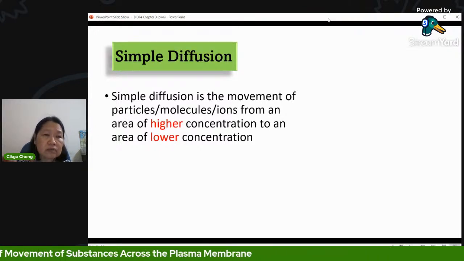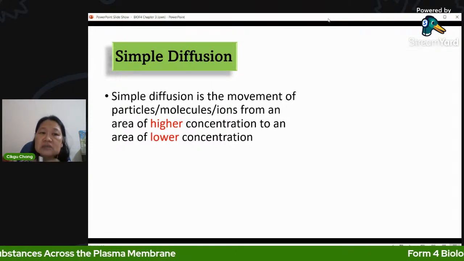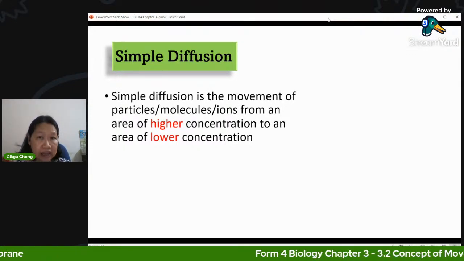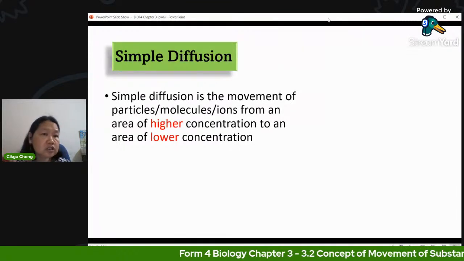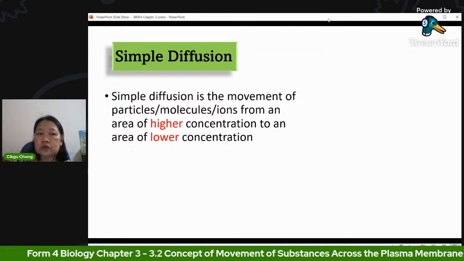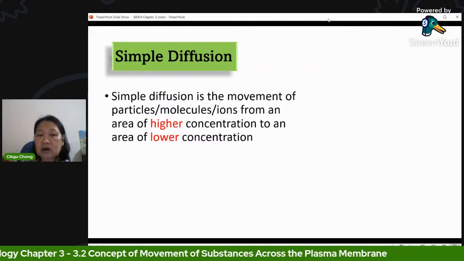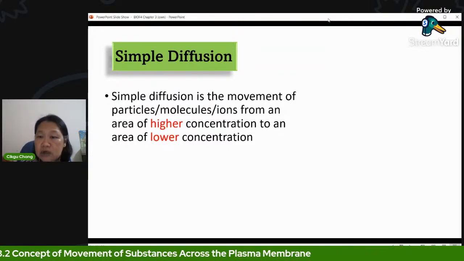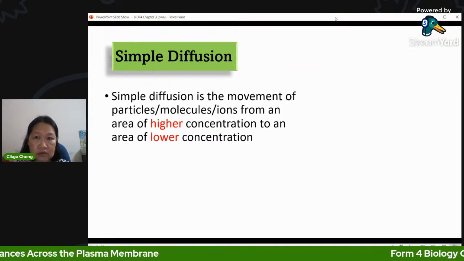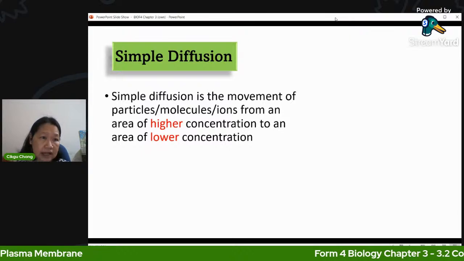That's important. It's a movement of particles or molecules or ions from a region, or we say area, of higher concentration, means that place has got more of these molecules, into an area or region of lower concentration, that means has got less of these molecules. So more to less.